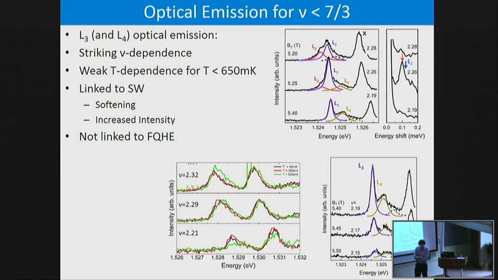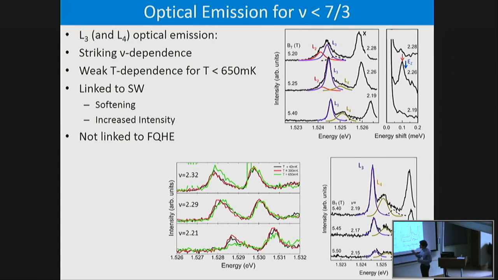Identifying these L peaks, is there any polarization dependence that you can use to interpret what's going on? Unfortunately, we haven't looked at the polarization of the light. But one thing we have seen is that in the results from resonant inelastic light scattering, we also see luminescence.